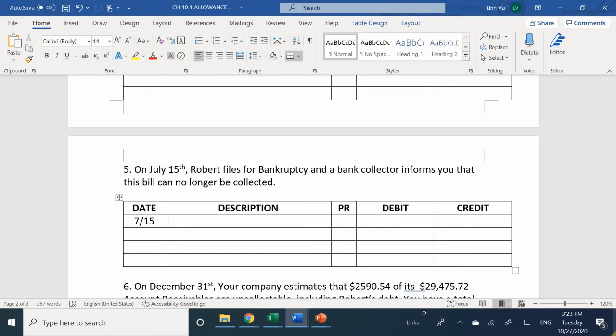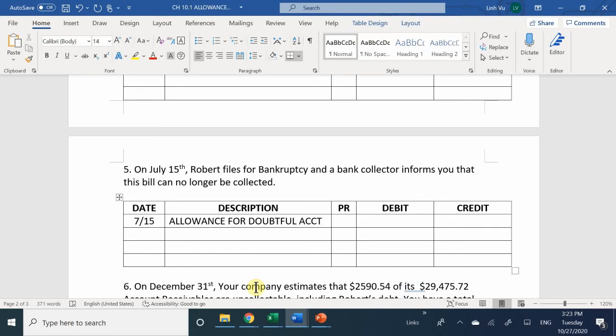Again, we haven't reached the end of a given period. In question number 6, you will reach the end of the period, because we're doing it every year. In this case, this is the current year, so right now we need to establish or reestablish the allowance for doubtful accounts.